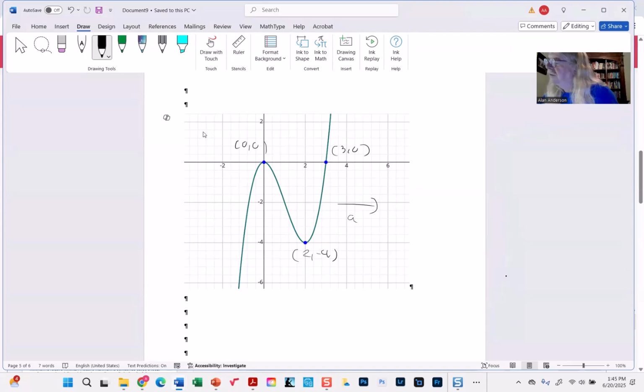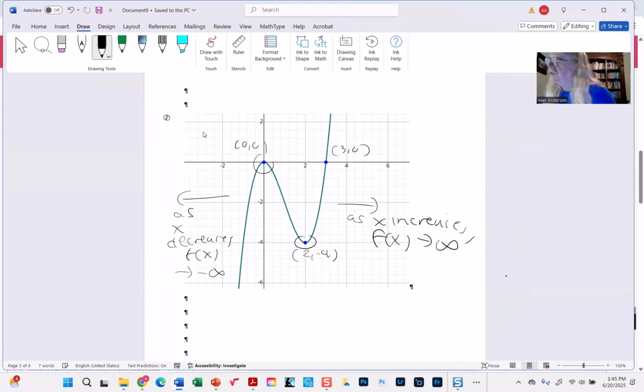So as x increases, the function goes to infinity. Down here, as x decreases, the function is going to negative infinity. So these are the 2 points of interest. This is our maximum. This is the minimum.